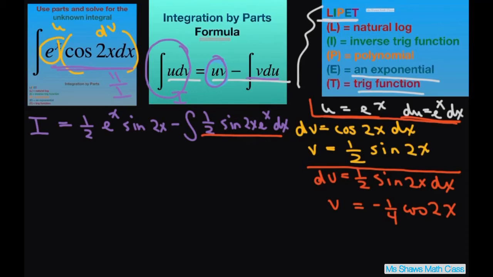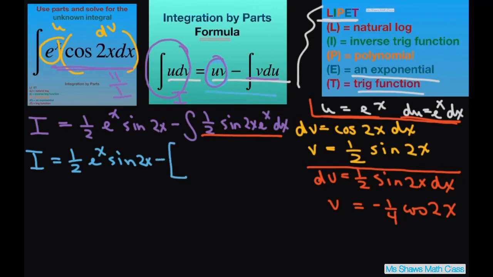We're going to have our original integral I equals 1/2 e to the x power sine of 2x, and then minus, we're running through this formula again.